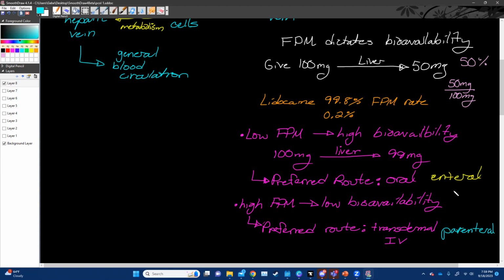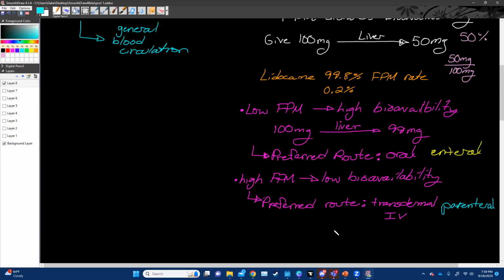So any method of administration that is outside of the intestines is parenteral and avoids first pass metabolism. So just like Sarah says, this also includes sublingual, buccal, nasal, inhaled. As long as it's not being absorbed through the intestines, it is avoiding first pass metabolism. So all of these other routes avoid first pass.